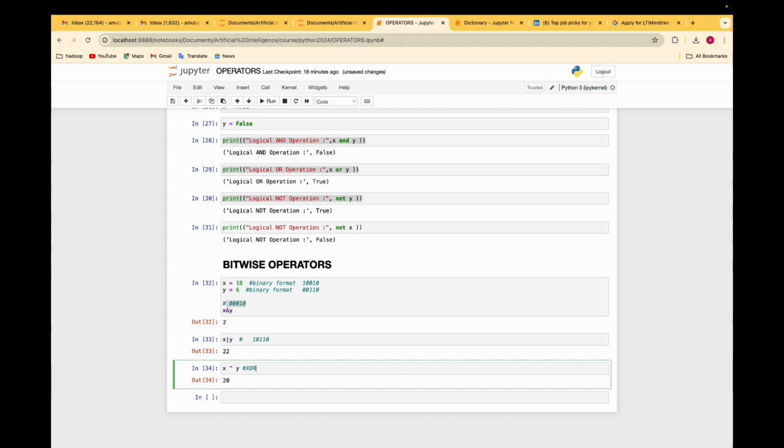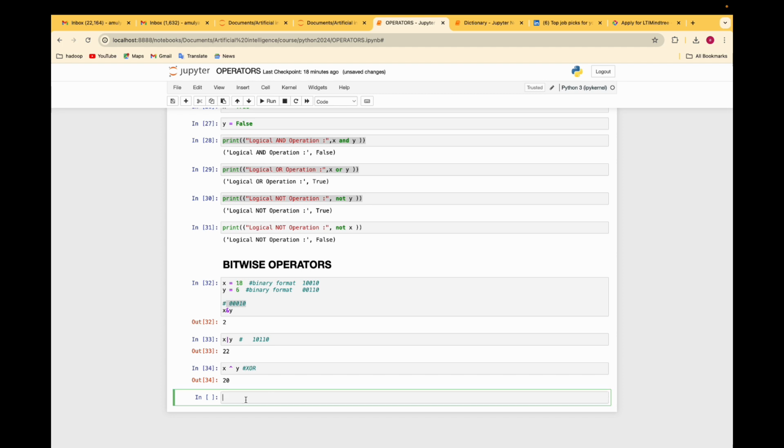XOR of y returns 1 only when only one is available. If 2 ones are present or 2 zeros are present, it considers that 0.